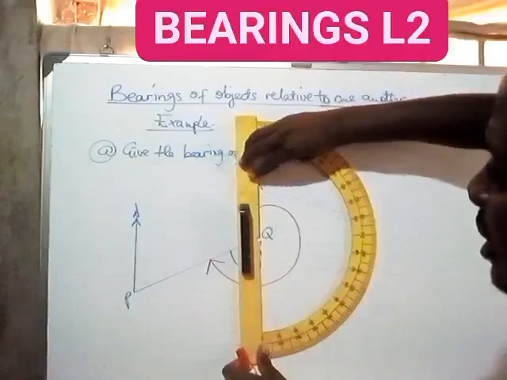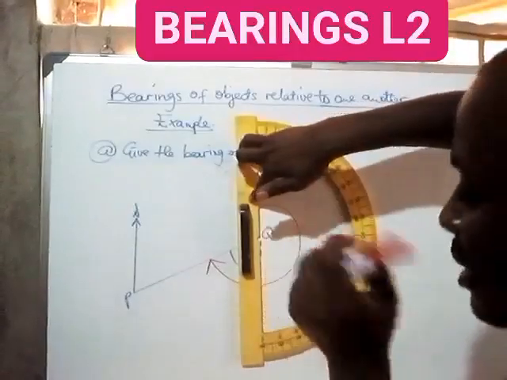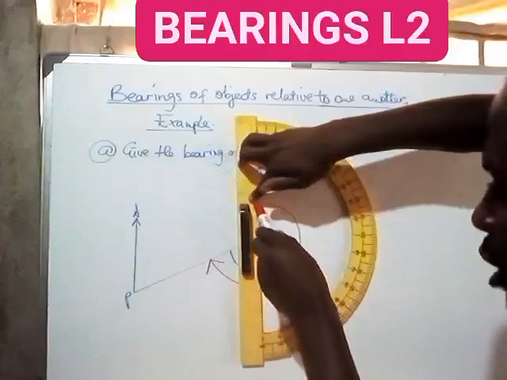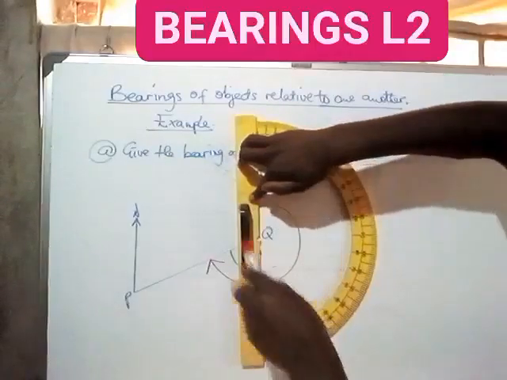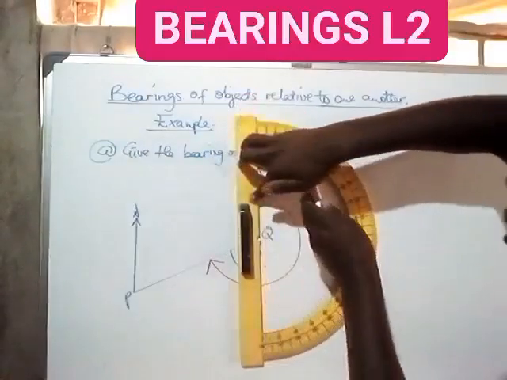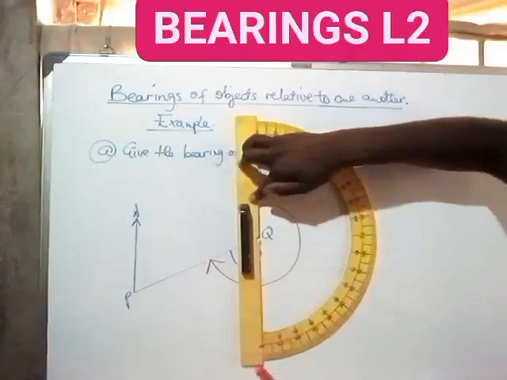We are seeing it as a straight line. Moving from here up to this point is the same as moving from the zero on the protractor up to this point, which is 180.